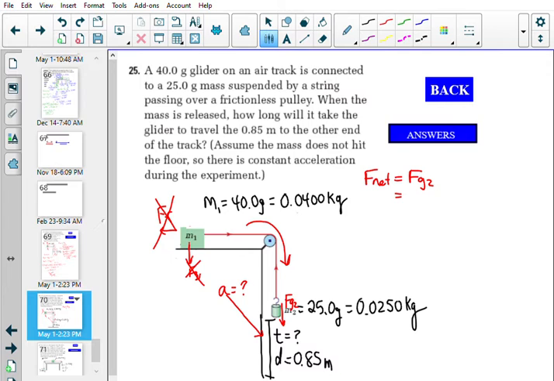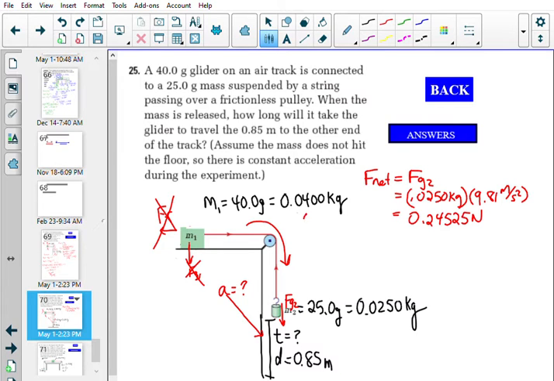Fg2 is 0.0250 kilograms times 9.81 meters per second squared. So my Fg2 is 0.24525 newtons.